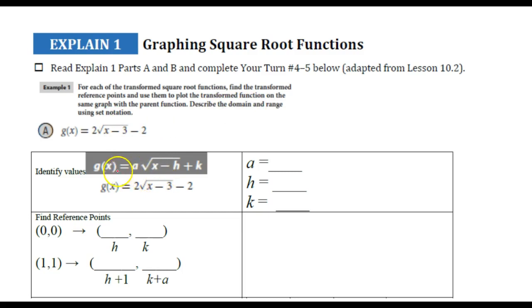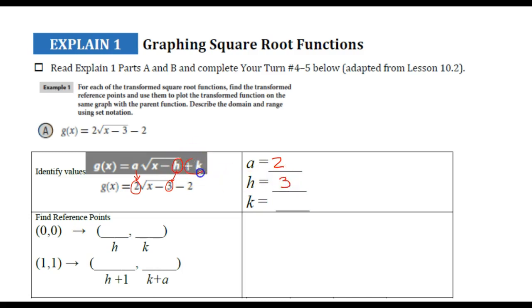Alright, so this is again taken from a table in your textbook. So we have g of x equals a times the square root of x minus h, plus k. The first thing I'm going to do is identify my a value, which appears to be 2. My h value, which appears to be 3.